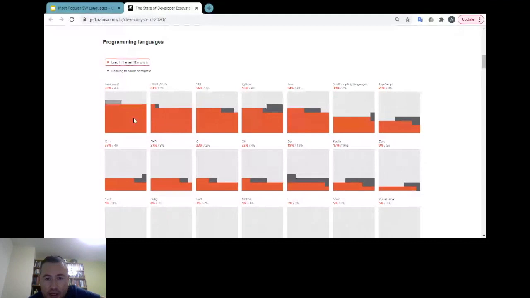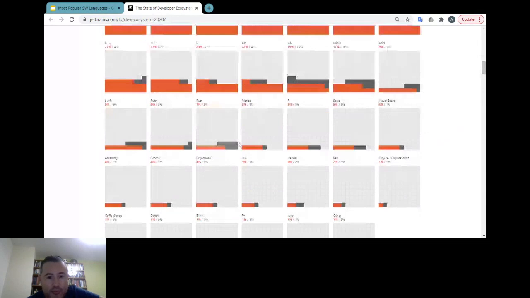So JavaScript is the first, and they also have HTML and CSS and SQL, etc. And then you can see from the square brackets that Go and Kotlin and Dart and Python, and I think Rust as well, is something that people consider. These are languages that people consider exploring and investigating.